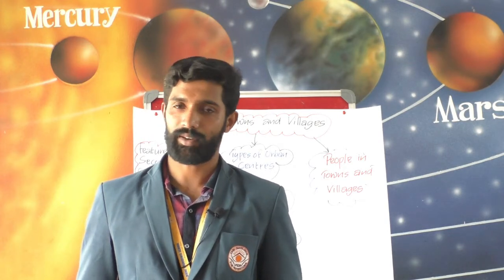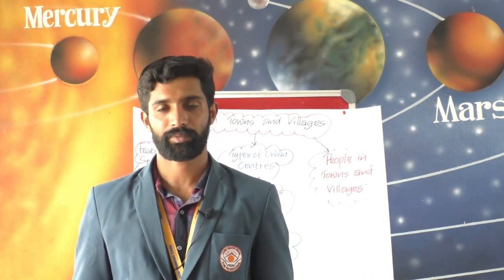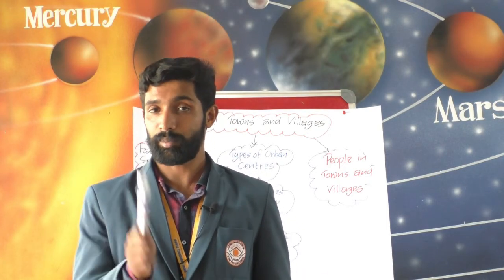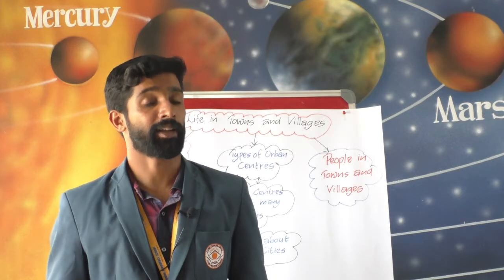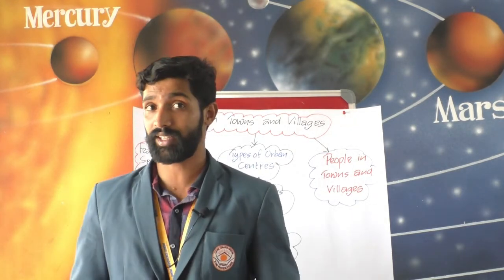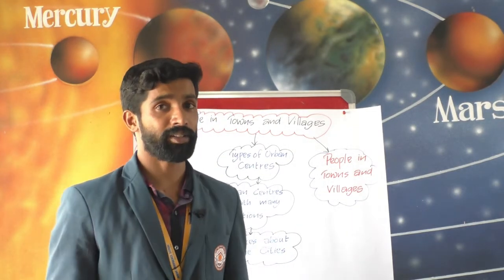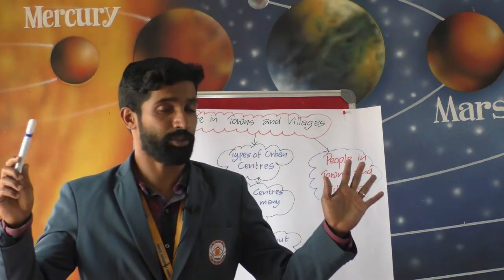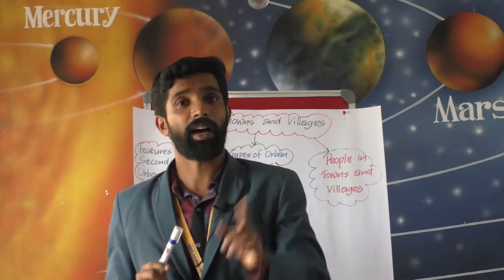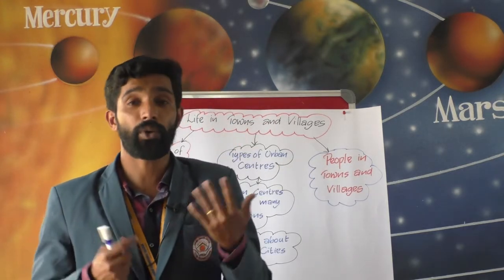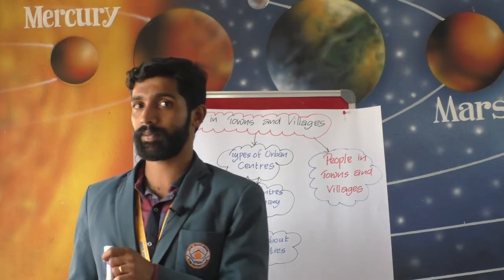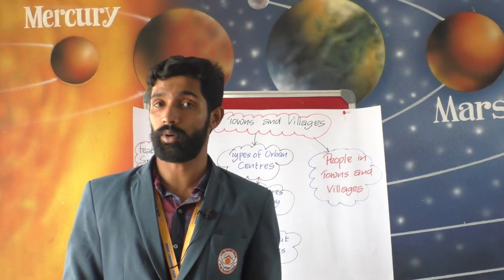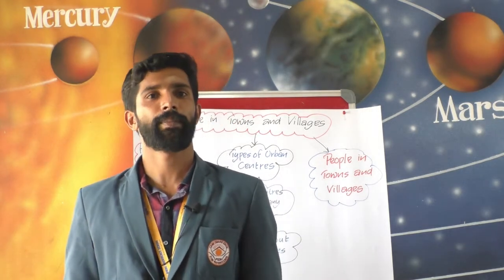So, let us have a recap of our chapter. Towards the beginning of the 6th century BCE, agriculture intensified due to the use of better methods such as transplantation, irrigation, the use of iron tools and so on. We learned urban centers or towns were of different types like market centers, religious centers, political and administrative centers or coastal towns.